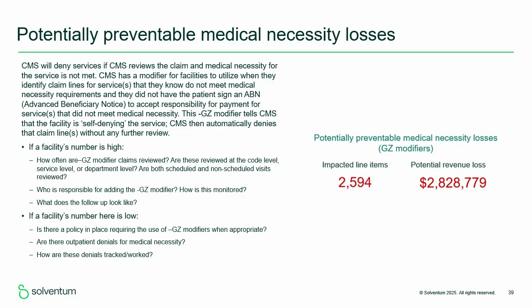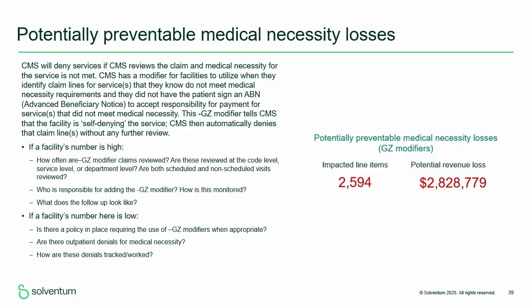Sometimes we see facilities with a high number of claim lines with the GZ modifier and sometimes with a low number. If a facility has a high number of GZ modifiers, I ask, is someone at the organization reviewing these claims? Are they reviewed at the code level, the service level, or the department level? Are scheduled and non-scheduled visits reviewed?